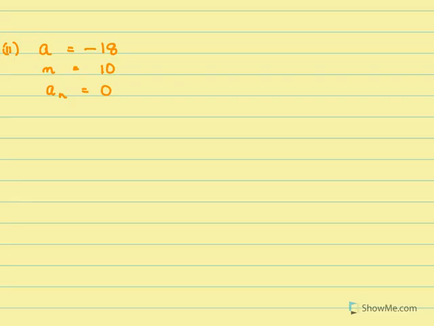For the second one, a is given as minus 18, n is given as 10, the nth term is given as 0. We need to find d. The formula we know is a_n equal to a plus (n minus 1) d. So we put the values. Our a_n is 0, a is minus 18, n is 10 minus 1, and d we need to find.